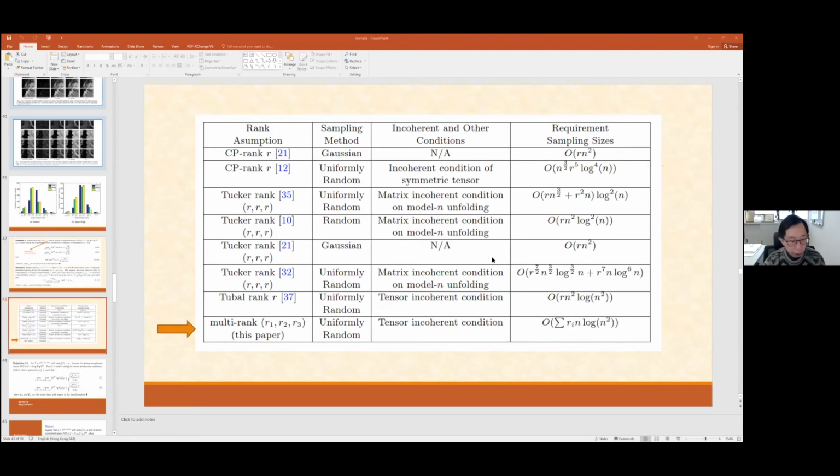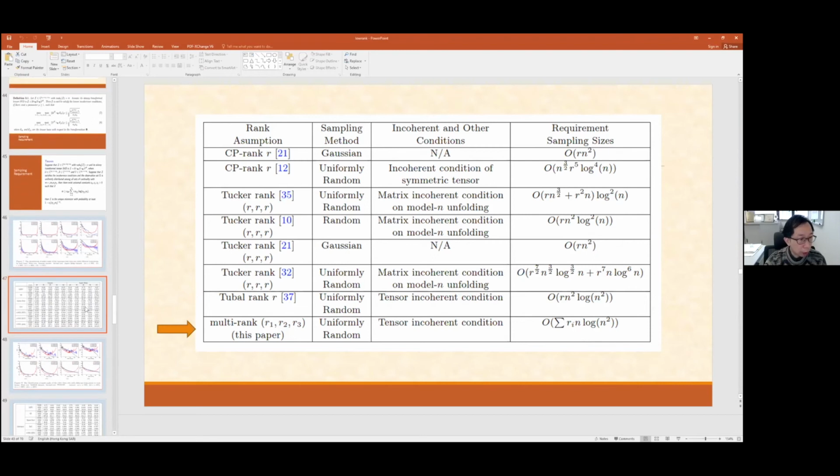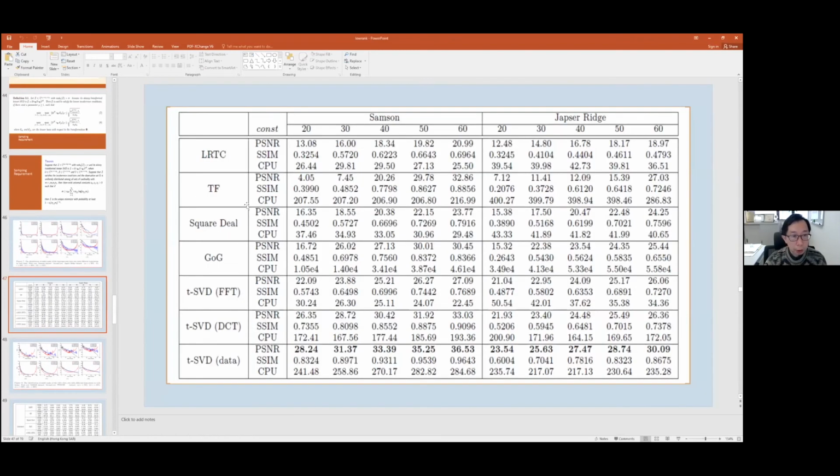Of course it's theoretical, but in our numerical experiments we also see, in the comparison of pictures on CPU time and PSNR, that it is much better in terms of time and recovery. The main reason is that with the transformation, we can reduce the triple rank to even a multi rank to represent the data. So you can say this is the sampling refinement.